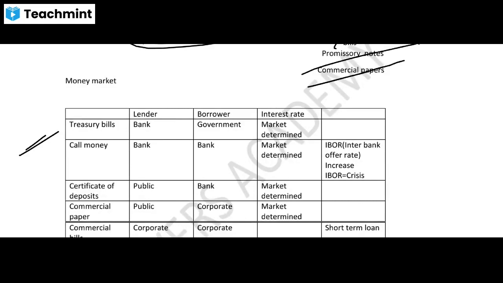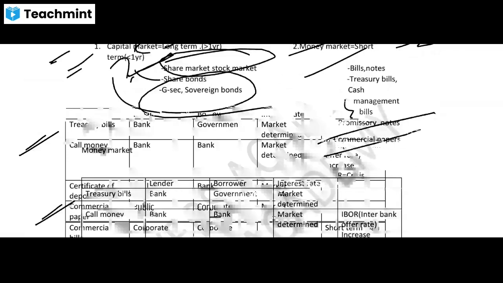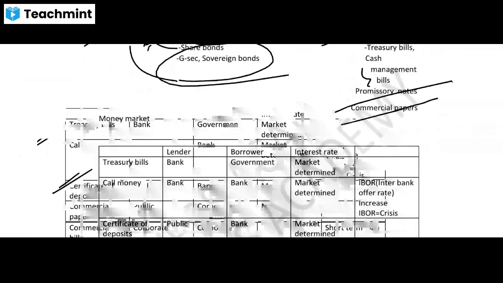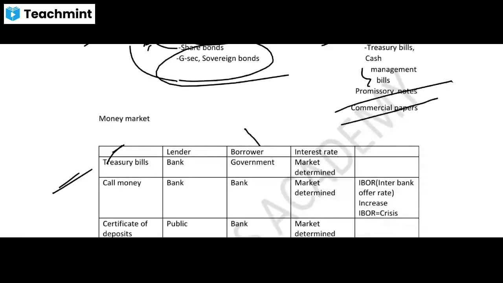It is a kind of short-term instrument where the government issues a treasury bill to borrow money from the bank. So here the lender, that means the money lender, is the bank and the borrower is the government. And the interest rate that the government has to pay is determined by the market.